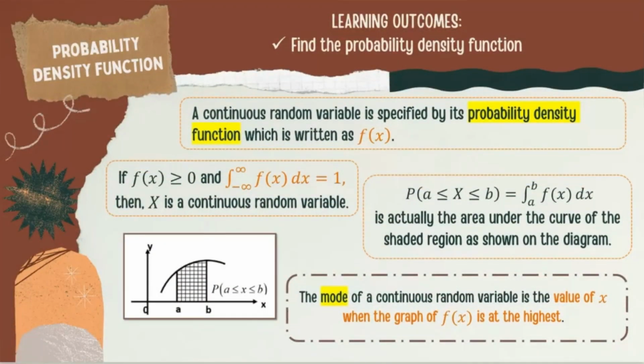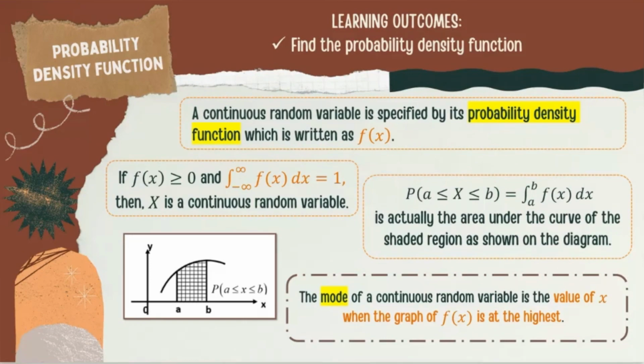So kita tengok kepada the definition kat sini. So a continuous random variable is specified by its probability density function. Okay, ini sedikit berbeza ayat dia dengan discrete random variable.